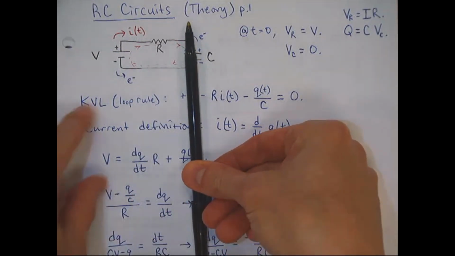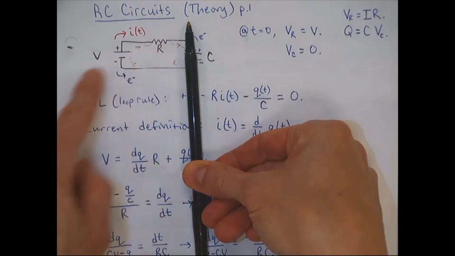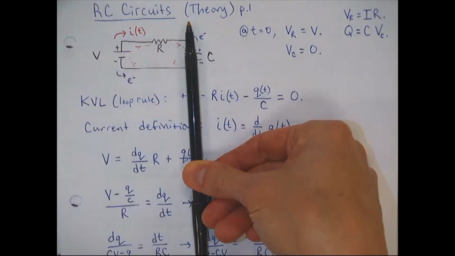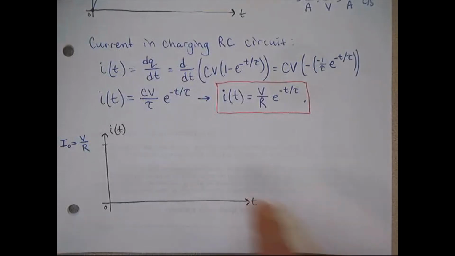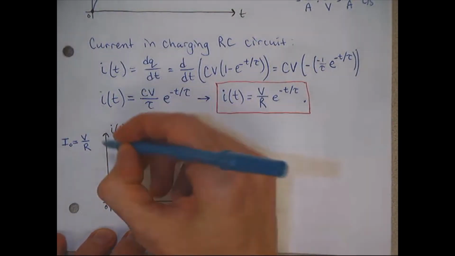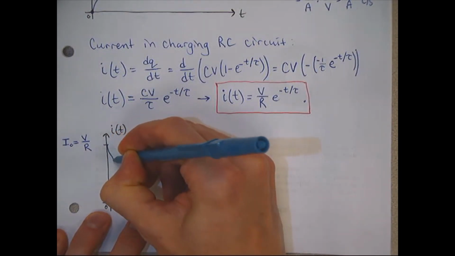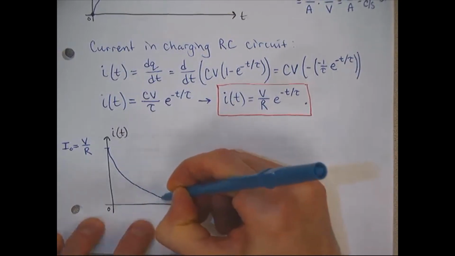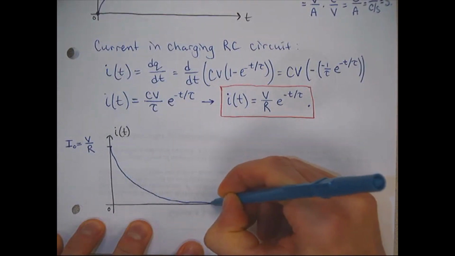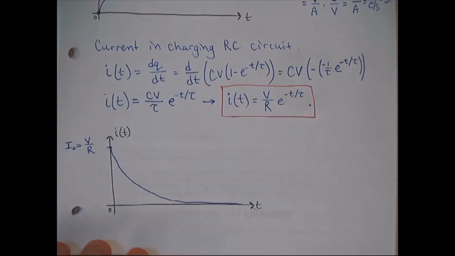It looks almost as if we're just having a simple battery resistor circuit at time equals 0. Okay, so we have exponential decay, which would reach 0 current an infinite amount of time later.